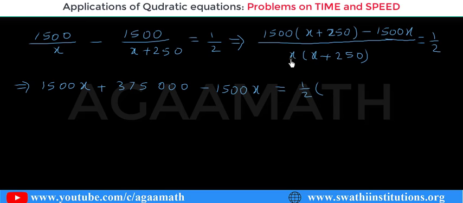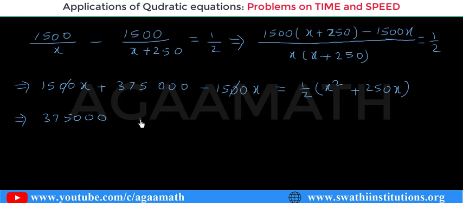Multiplying, x times x is x square, plus 250x, right? When I transfer this to the right-hand side, it gets multiplied. Now plus 1500x and minus 1500x equals 0, so that gets eliminated, and here 375,000, and the 1 by 2 comes to this side.